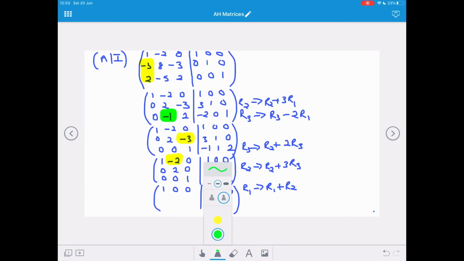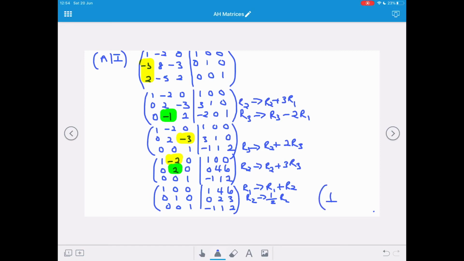Now we need our lead diagonal to be all 1s, so that middle element needs to be divided by 2. So we need to half all the contents of row 2, which is going to give us 0, 1, 0 and 0, 2, 3. And our row 3 elements are 0, 0, 1 and negative 1, 1, 2.